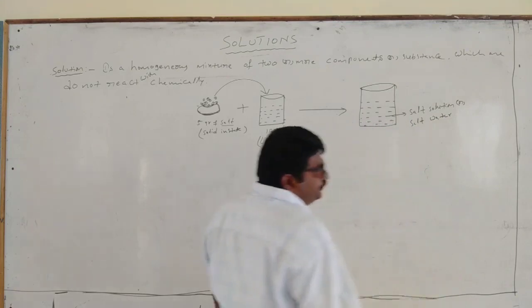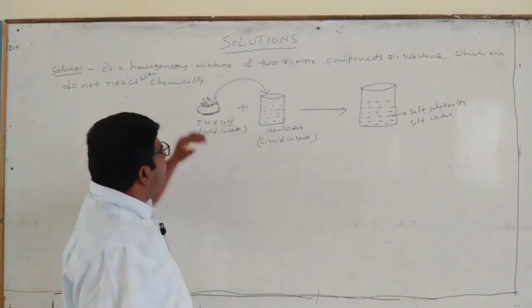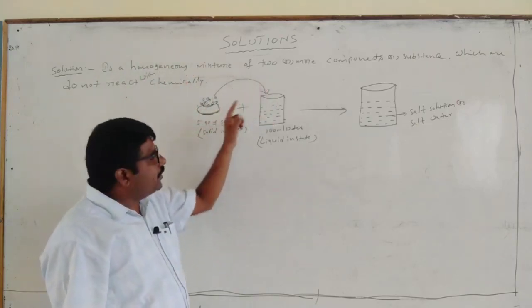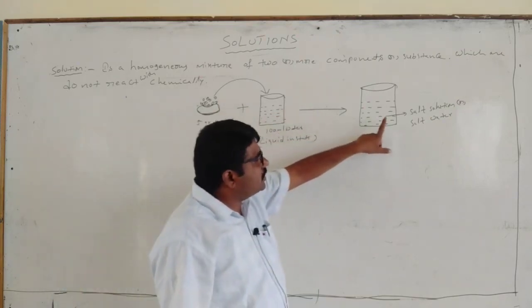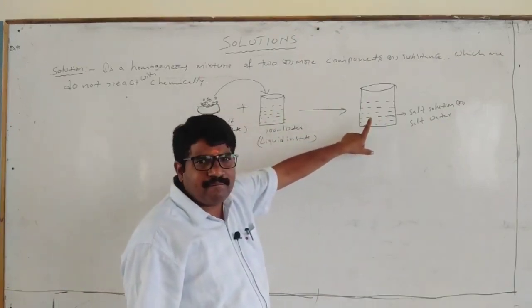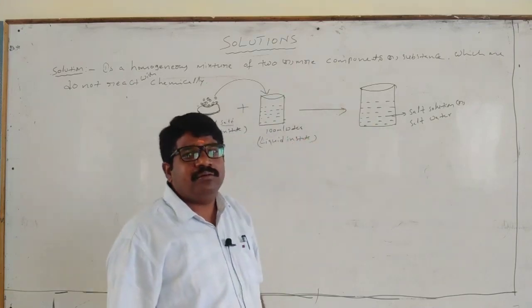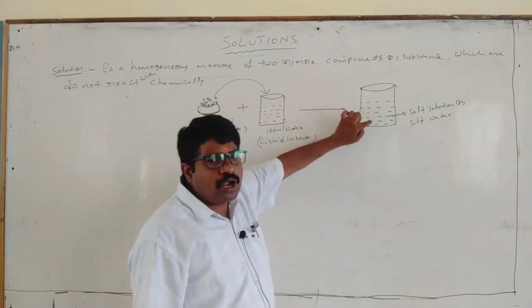Initially there are two components: this is one component, this is another component. After mixing and dissolving, it gives salt solution or salt water. Now this solution appears like water only, but it has two components.